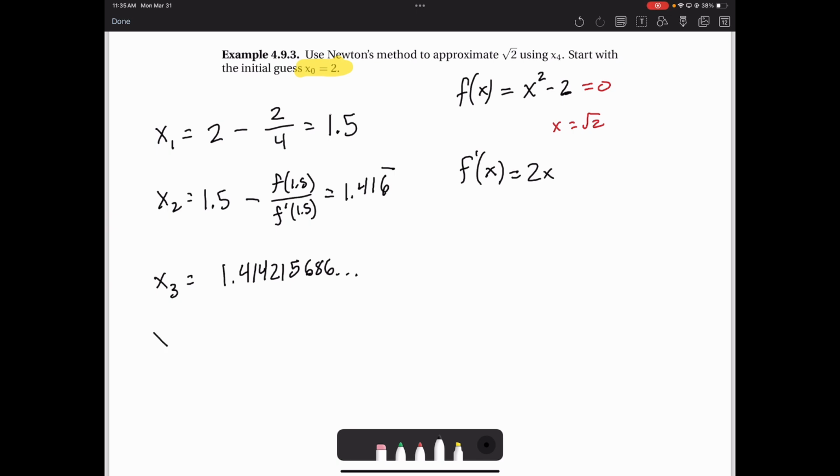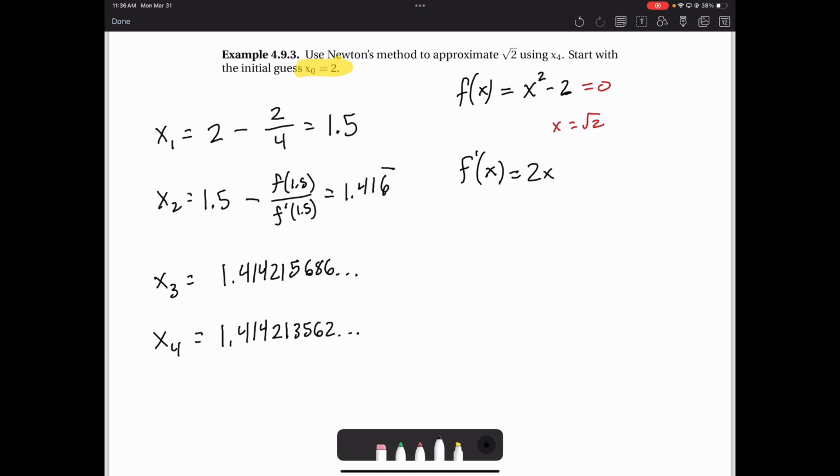Okay, and then if you're just having so much fun doing this and wanting to keep going, your x sub 4 is 1.414213562. Notice how close that is to x sub 3. So Newton's method is really effective when it works. It gets you close to the actual root pretty darn quick.